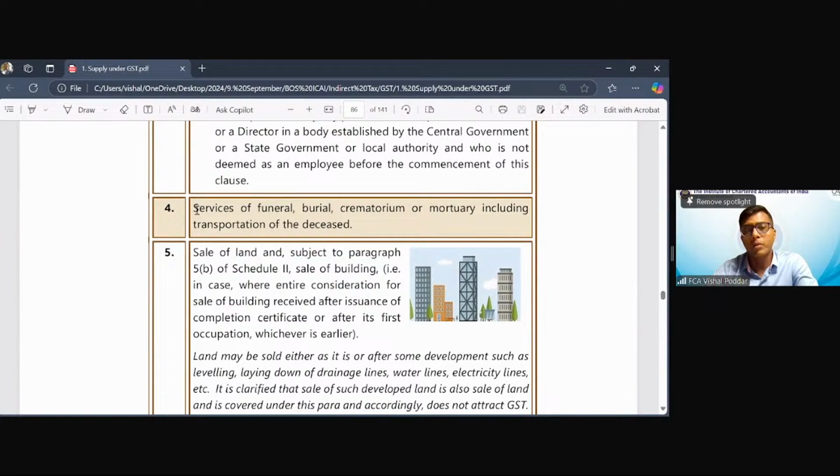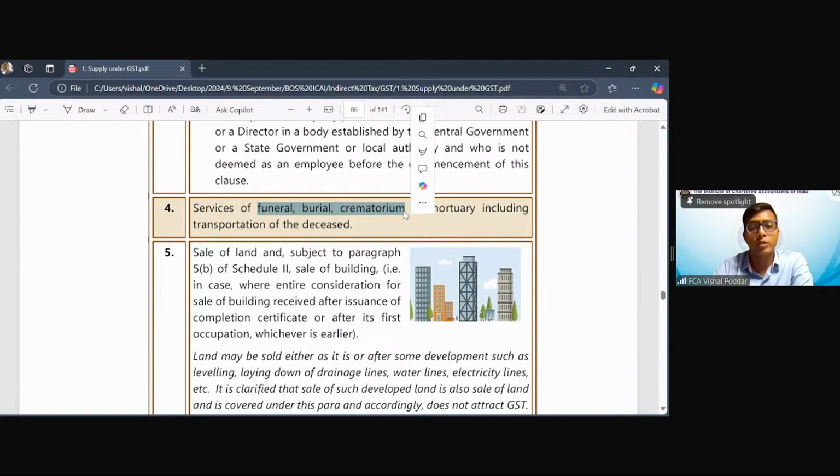Next important, very important is services of funeral, burial, crematorium. What are these? These are all different types of activities that are done after the death of a person. So under different cultures, different rituals are there. In some cases they bury, in some cases they put it inside a tomb, in some cases we burn them.